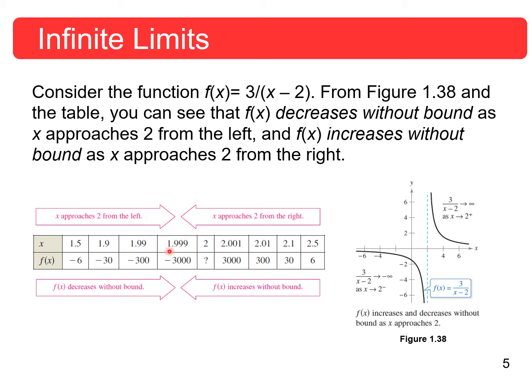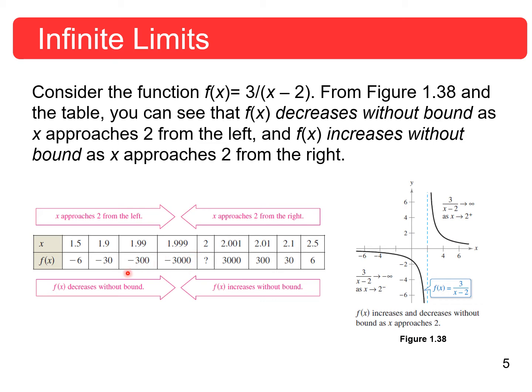As you approach 2, you notice that at x equals 1.5, f of x is -6. If you have x equals 1.9, you have -30. And then if you go closer and closer to 2, like 1.99, you have -300. And if you have 1.999, you then have -3000.